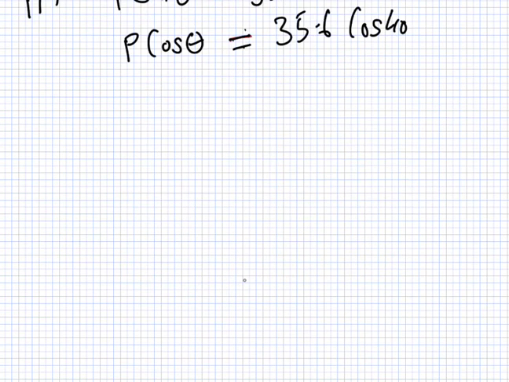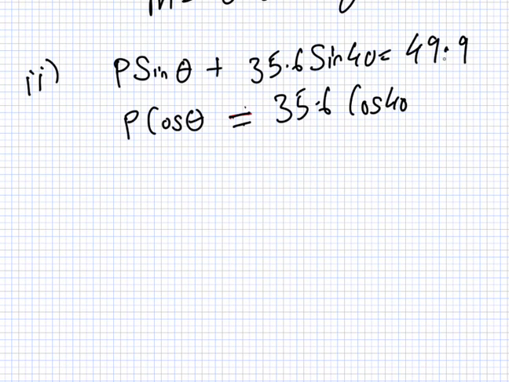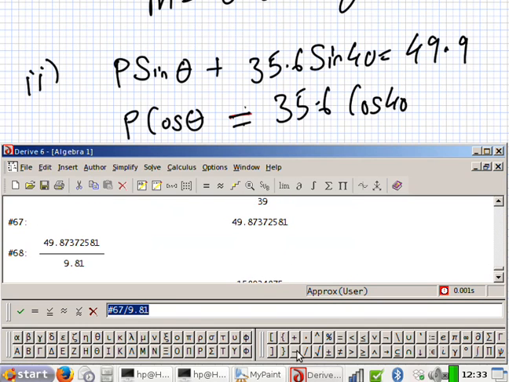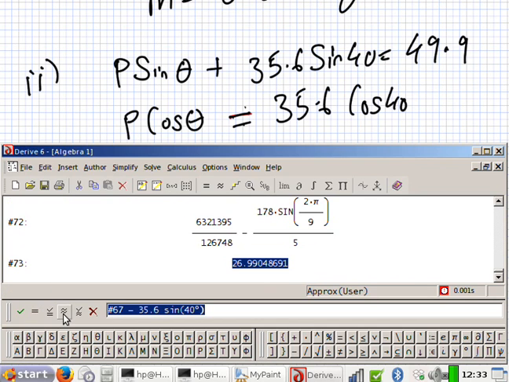Now what I can do is clean the first one up because I can take this to the right. So I get P sine theta equals 49.9 minus 35.6 sine 40. Can you type that in as well? 49.9 minus 35.6 sine 40 degrees, 26.99.